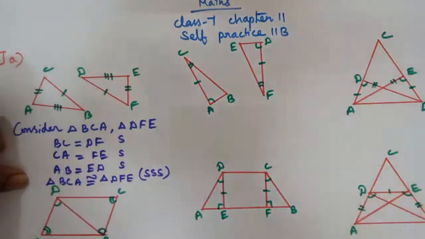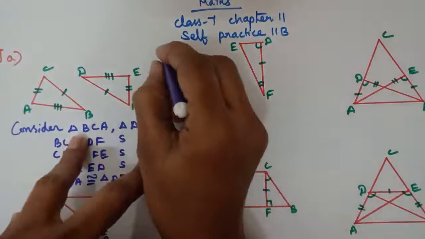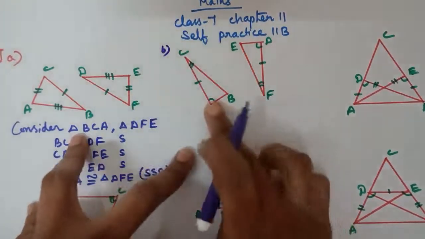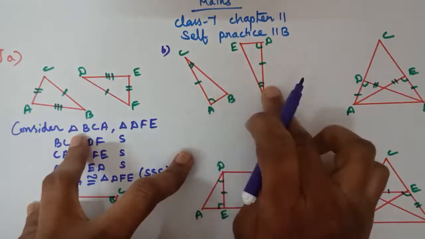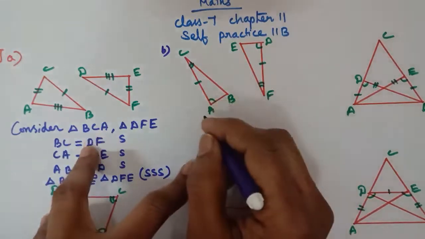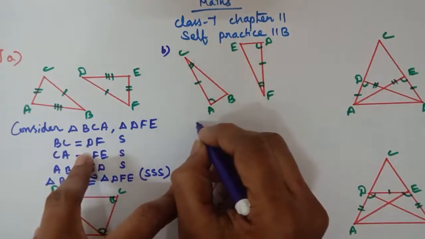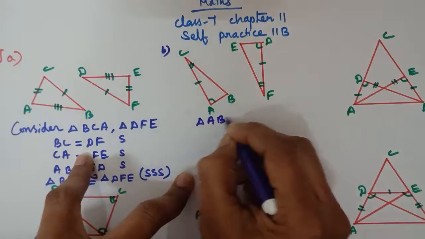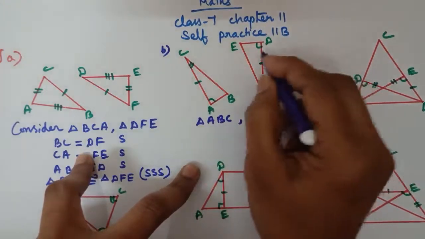Is it clear? Let's move to the second subdivision, B. Here look at these figures. You just compare the two given triangles. Consider triangle ABC and triangle DEF.